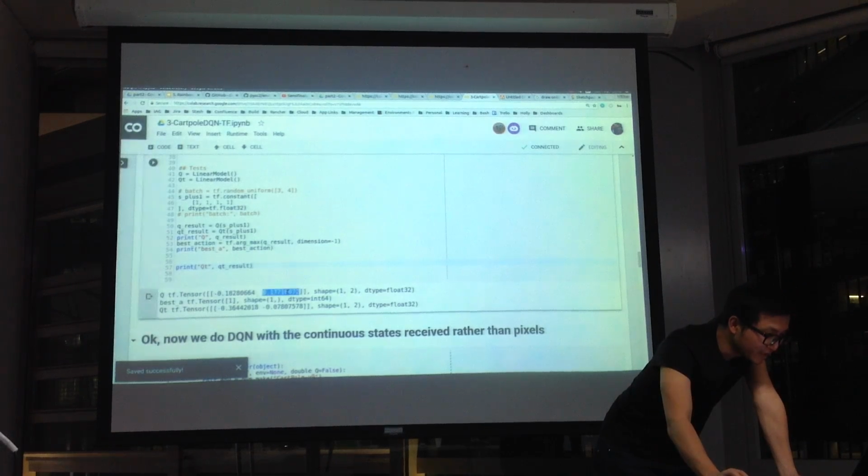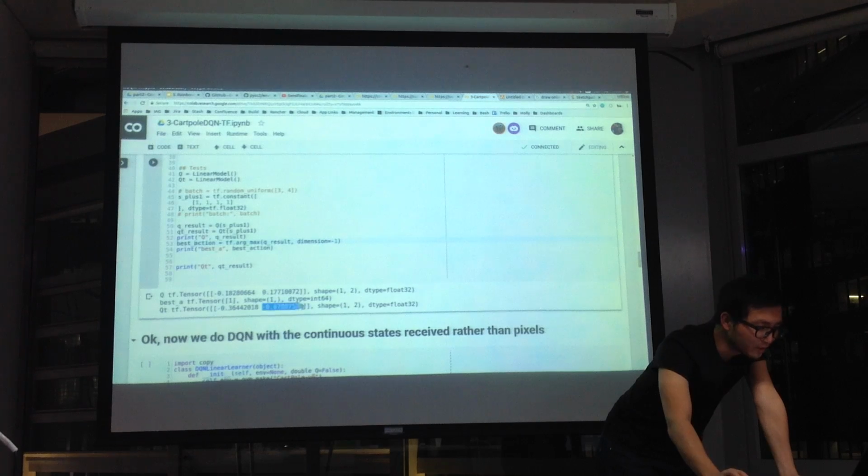In this scenario, your best action was 1. So you take 1 as your best action, and then you use that to choose your Q value, and because it's 1, you end up using that one. If this value was like 9, then the best action would be 0.